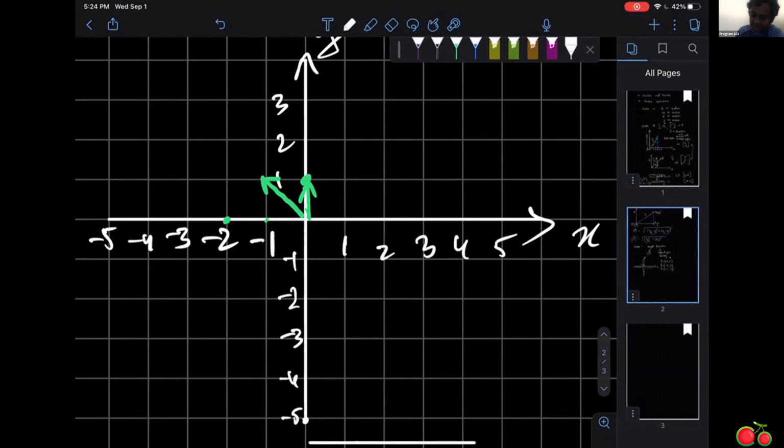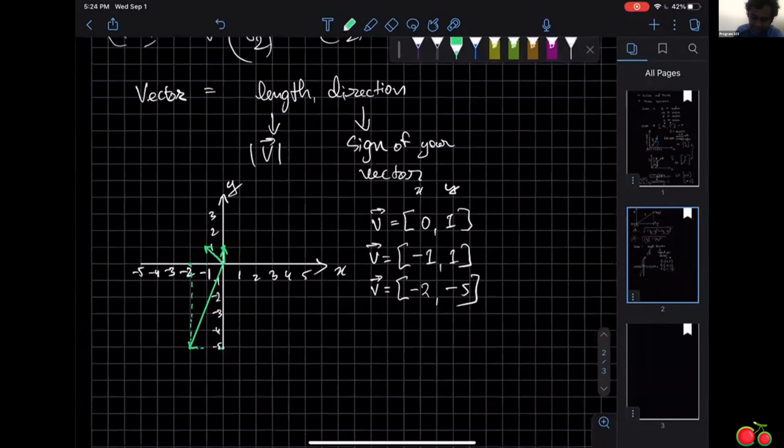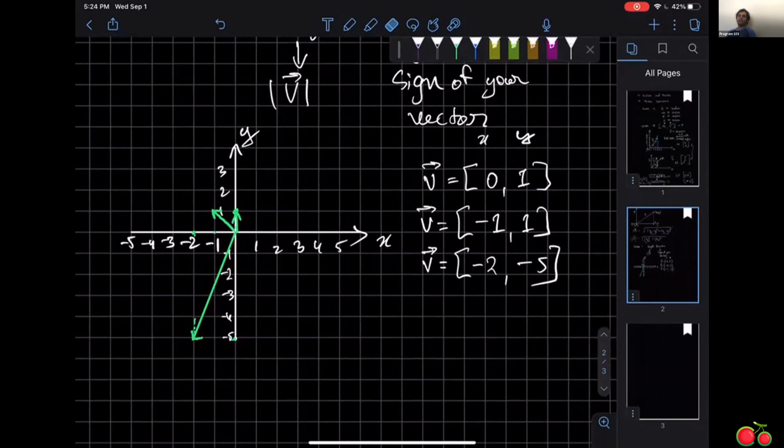So it's here. So that's my vector, right? Does that make sense? Any questions on what we did so far?